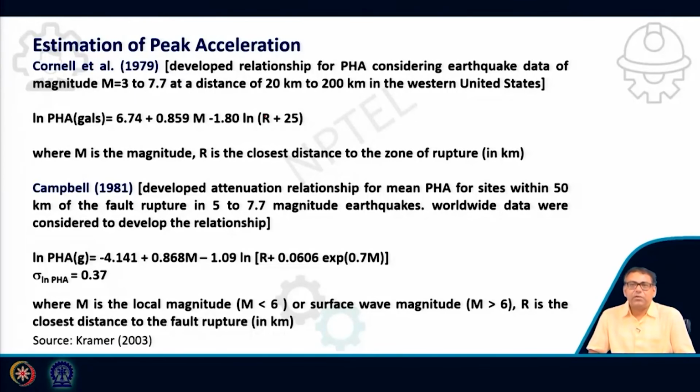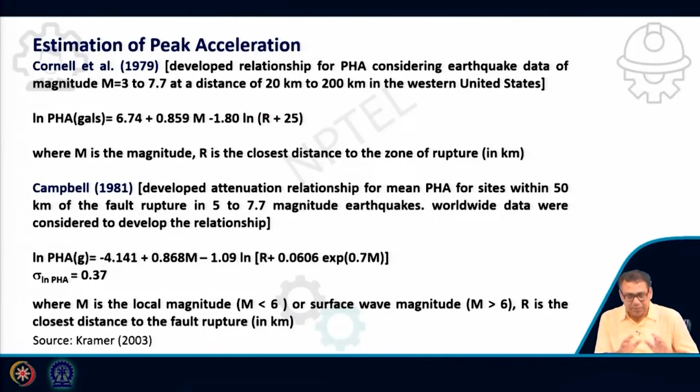Otherwise, you can use the available correlation, but it is better to use the data of that particular location and then develop the expression to estimate these properties. Okay. But the first general type of expression was proposed by Campbell, 1981.